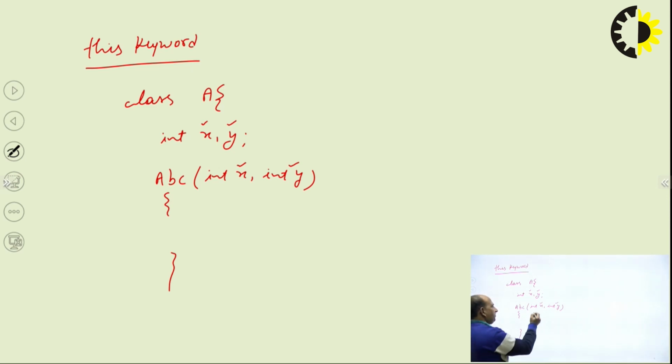So if we assign this x to this x, means assign x of the constructor to the x of the class, then how does the Java compiler understand how to resolve the name? So there is a problem of name resolution over here.